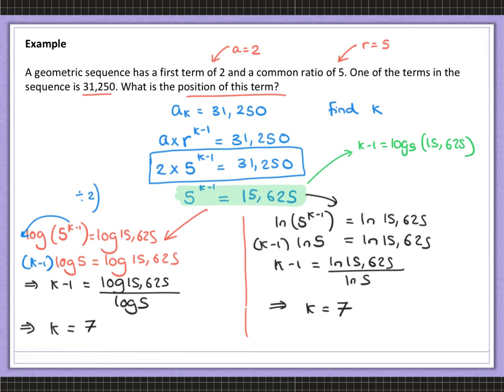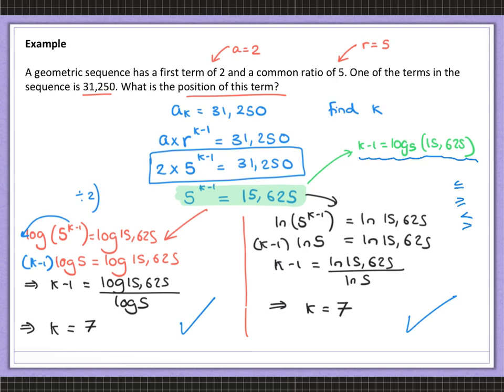Now, the reason that I would advocate using this method here, log to the base 10, or this method here, ln, is that later on, when you come to solve problems which involve inequalities and logarithmic equations, if you try and use the specific base that the question is set in, you may find that in a situation involving an inequality, i.e. a question involving a less than or equal to, or a greater than or equal to, or a less than or greater than, you may find you get the wrong answer.